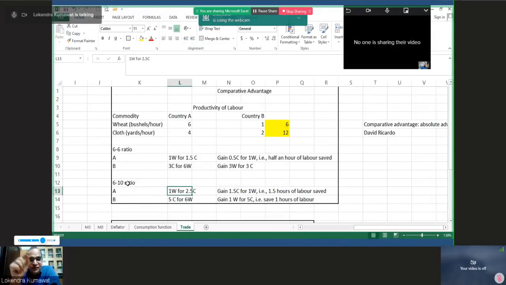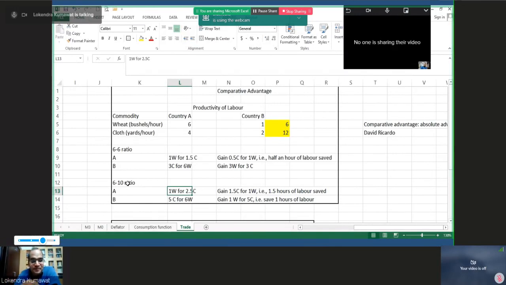In return for that, it is getting 6 units of wheat, which would be produced in 6 hours in this country. Again, against just 5 hours worth of cloth, it is getting 6 hours worth of wheat. Still a gain of 1 hour's worth of wheat, a saving of 1 hour of labor. Again this leads to gain for both the countries.